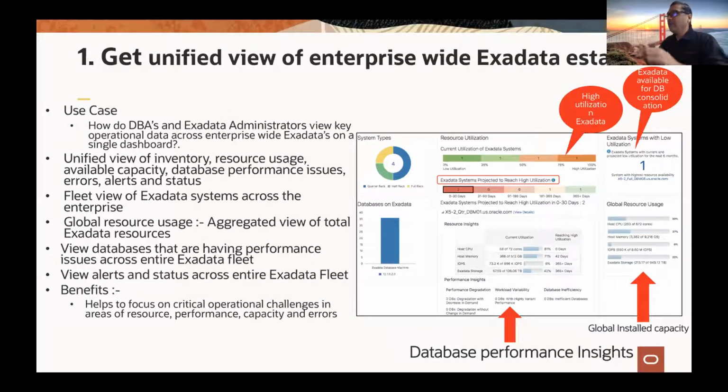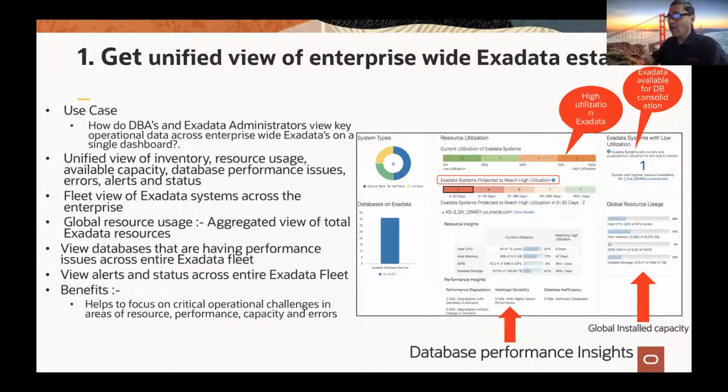Okay, so that will help you to keep a bird's eye view on your entire Exadata estate. So this is a very basic, very fundamental technique to get the best out of your Exadata.